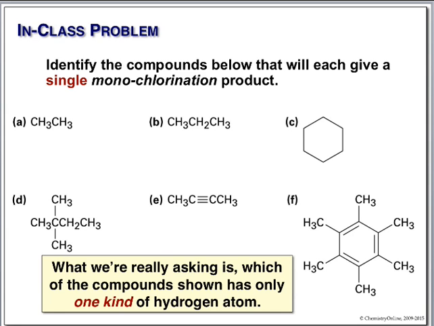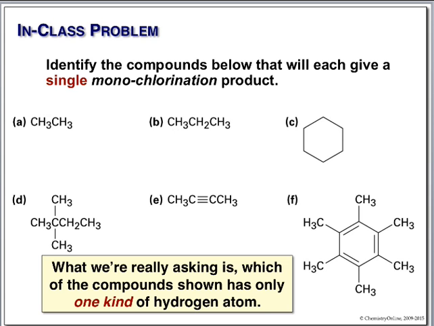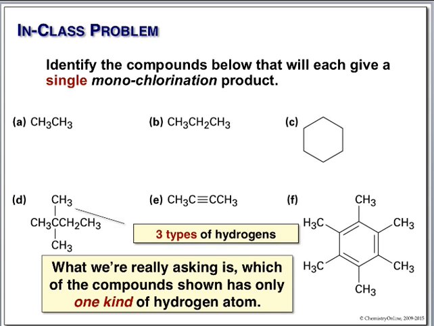Oh, we have one. Let's see, there's two types of hydrogen. This guy, well, we have these three methyl groups. That's equivalent, right? We have this methyl on the end that's next to a CH2. And of course, we have the CH2. So that gives us three types of hydrogens.